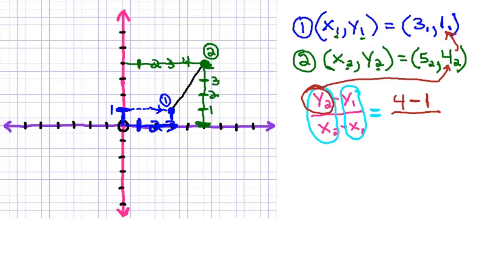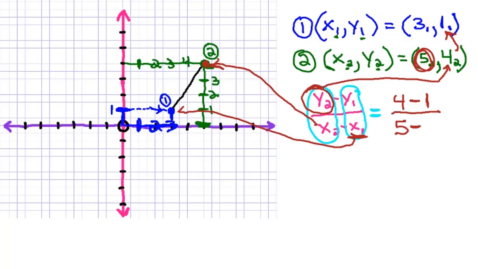So the x2 in our case is going to be the 5, because that corresponds to our second point. The x value of this second point is 5. So we're going to write a 5 down here and a minus. And then we're going to write down what the x1 value is from our first point.